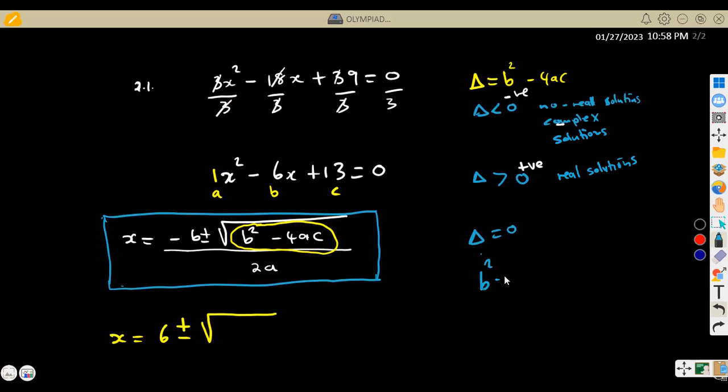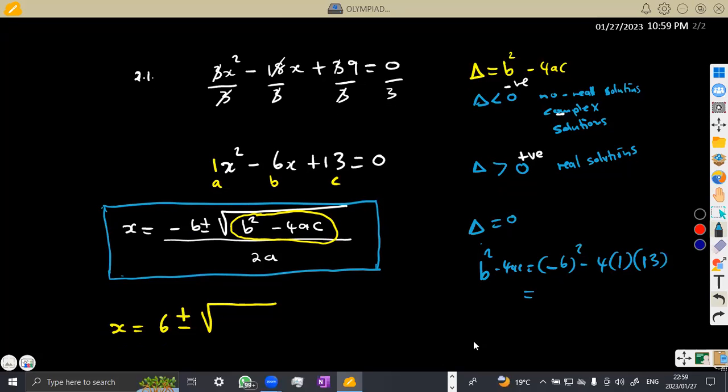So b squared minus 4ac is equivalent to b, which in this case is negative 6 squared, minus 4 times a, which is 1, times c, which is 18. All right, so we can simplify with our calculator. Let me just share the screen so that we can see the calculator here.